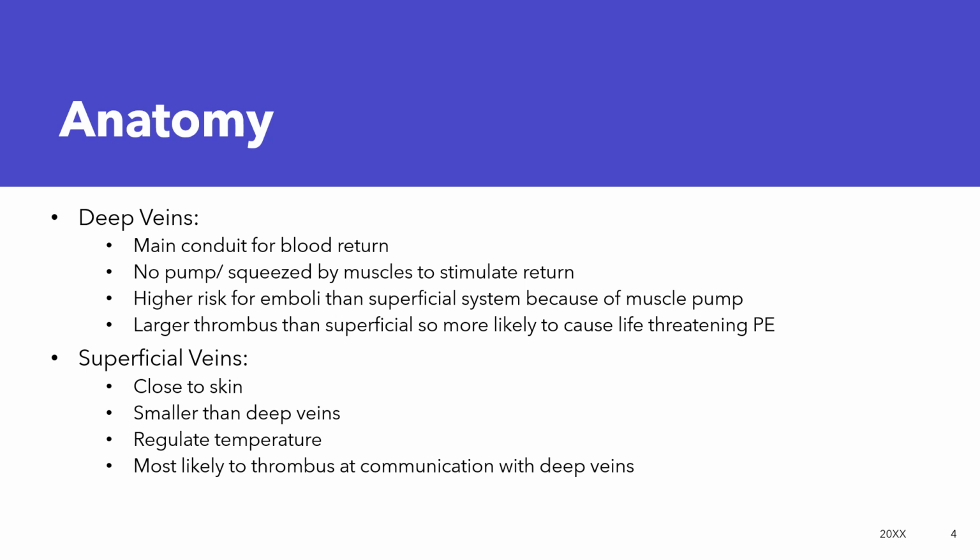So obviously, the more internal veins of the deep system are going to maintain warmer levels, whereas the superficial system is going to be a little bit cooler typically because our skin is able to emit that heat and cool them down. And so what we really want to know is that our superficial and our deep venous systems are communicating, and that really is going to help regulate our body temperature.